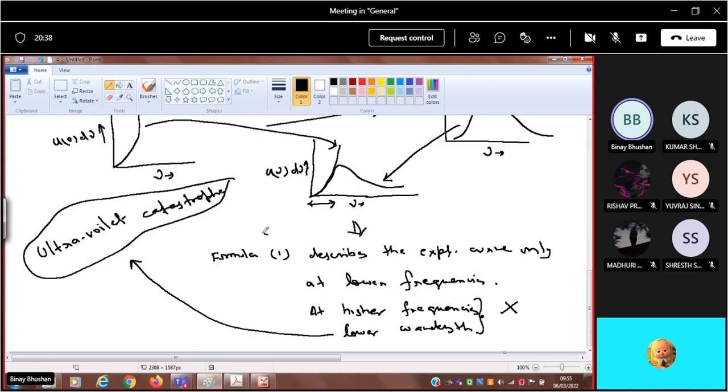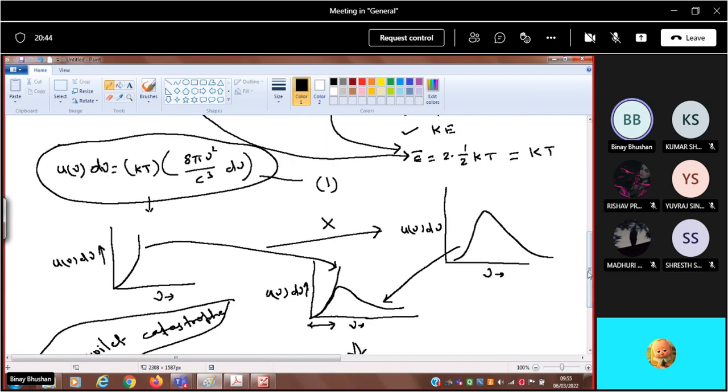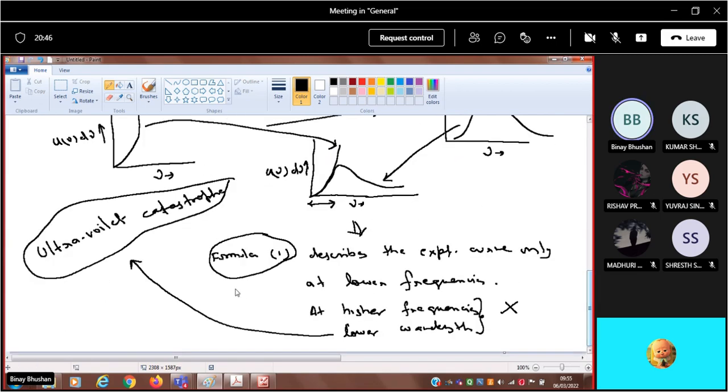And this formula 1, what I have written here, is known as the Rayleigh-Jeans formula. So two scientists' names are associated here.